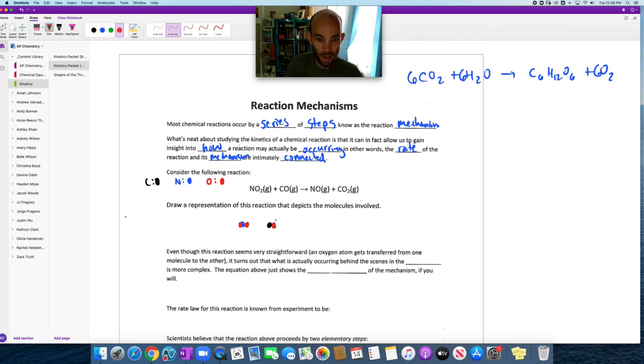Okay, and when this reaction occurs, you end up getting nitrogen monoxide, and I'm going to keep the oxygen on the left so it looks kind of similar to this one, and carbon dioxide. So if you look and you see what's really happening, it doesn't look that complicated.